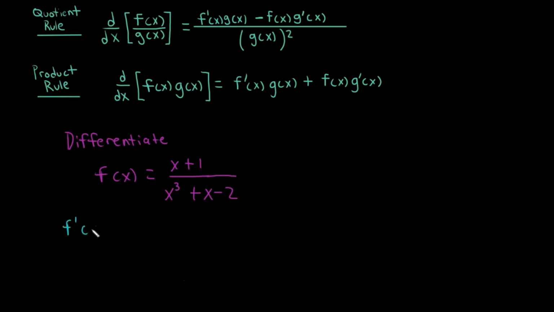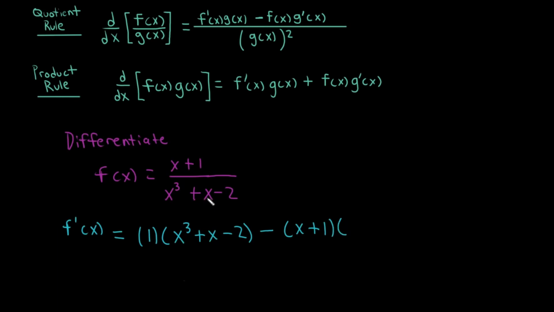f prime of x equals, we take the derivative of the first function, so that's 1, and we multiply it by the second function, which is x cubed plus x minus 2, and we subtract that by the first function, which is x plus 1, and we multiply that by the derivative of the second function.